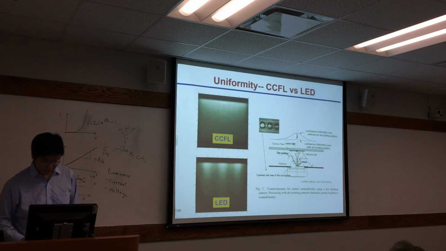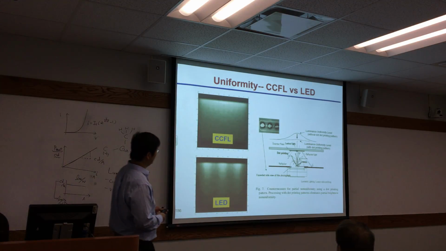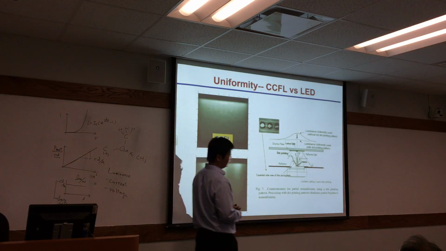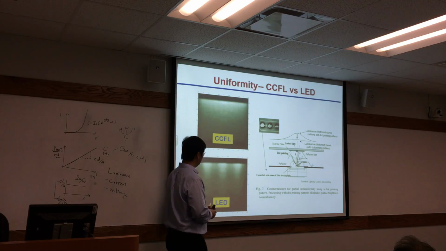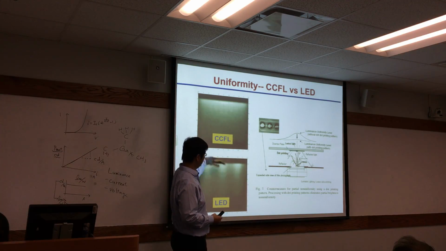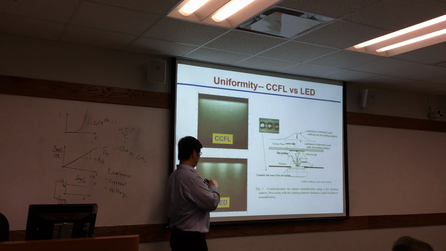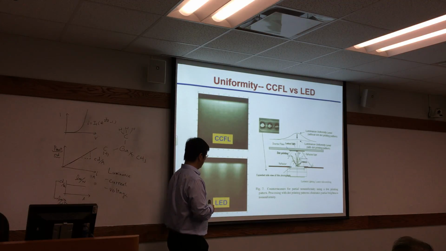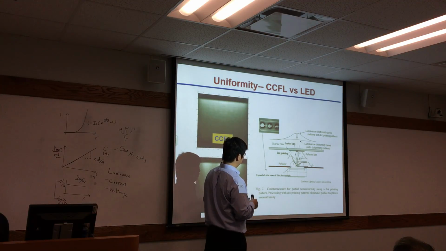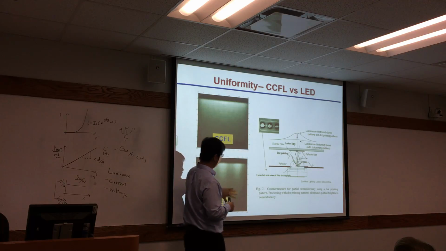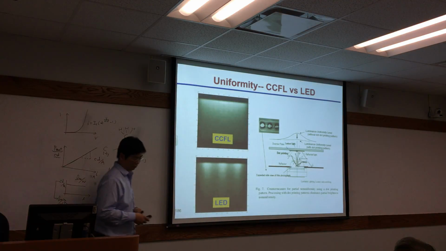Okay. But of course, there are lots of these things, especially the backlight design for your LED. Because LED is a point source, you can put it on the edge. So you need to do lots of design or simulation so that you can provide a very uniform light source for the whole display.